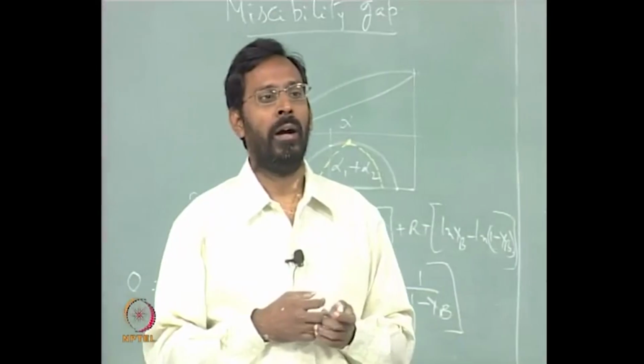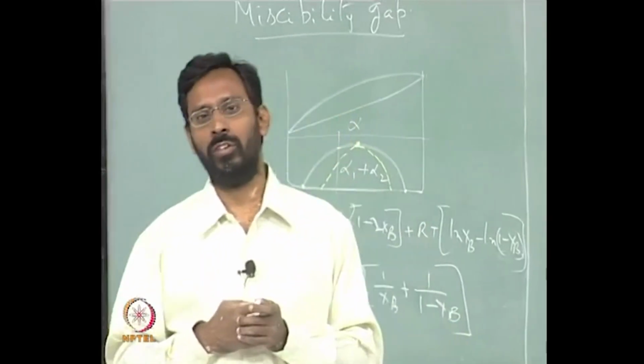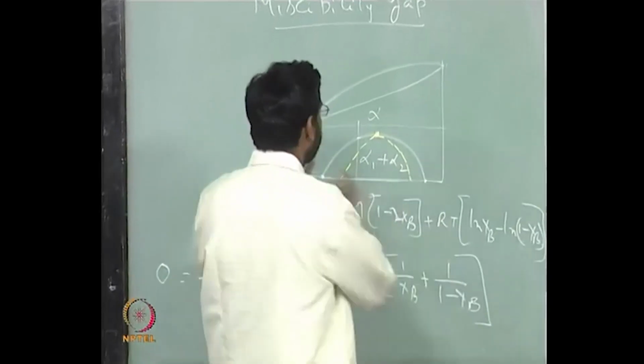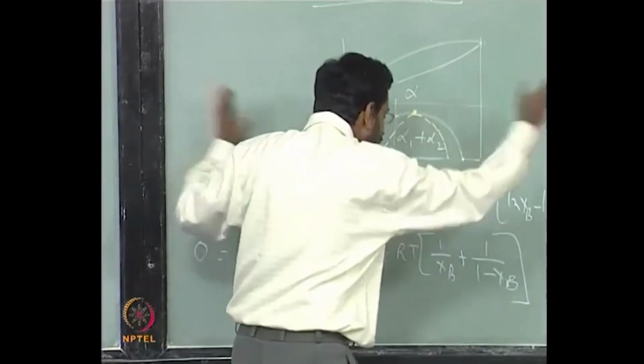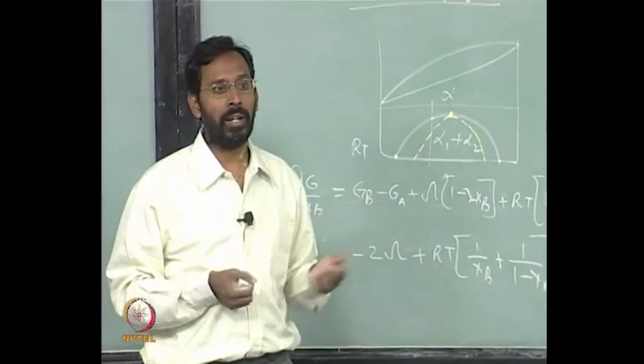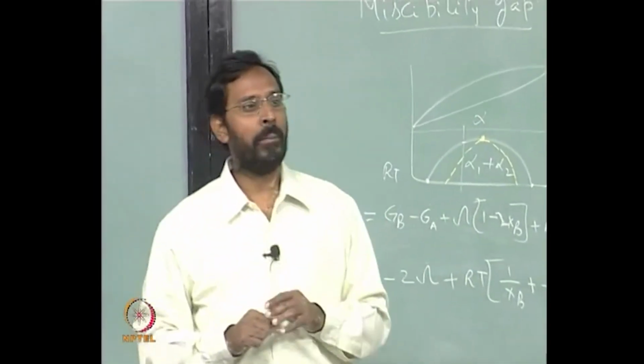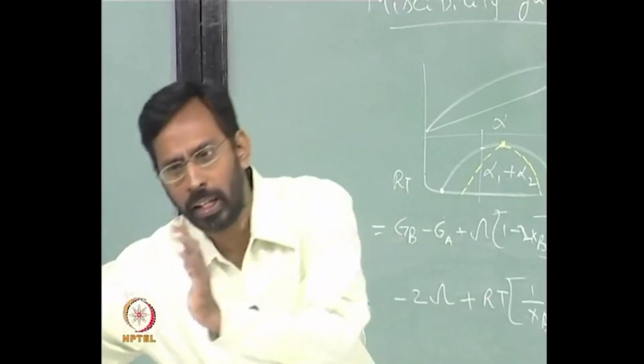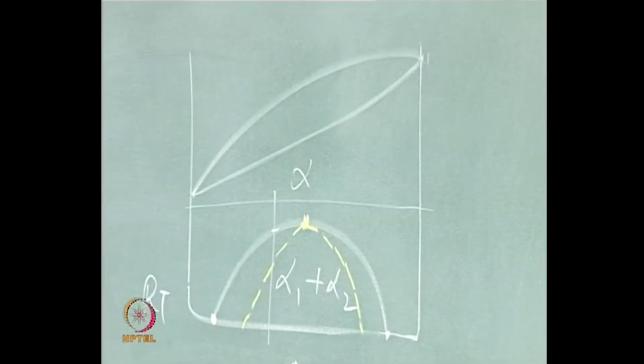It need not, but in a number of cases you see that, provided your phase diagram is a simple isomorphous and there is nothing else on the other sides. In a number of cases you have a miscibility gap. If you go back and see some phase diagrams, you have miscibility gaps only in a certain region, and in the rest of the region you have possibly intermetallic compounds and things like this.